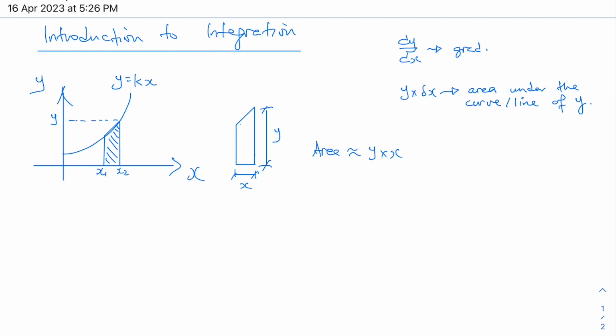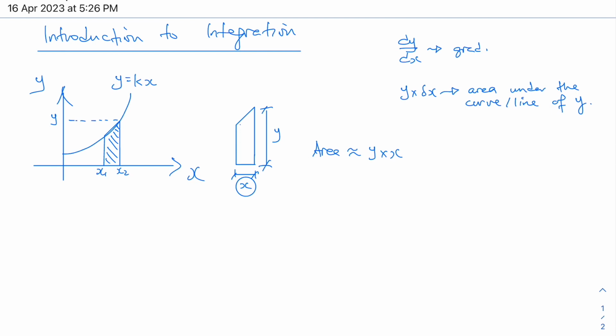Now this has an issue because this formula is for a rectangle, but this obviously is not a rectangle. So if we proceed with this idea that it's a rectangle, what we have to do is to shrink this value of x, the width of the rectangle, to a very, very small value.